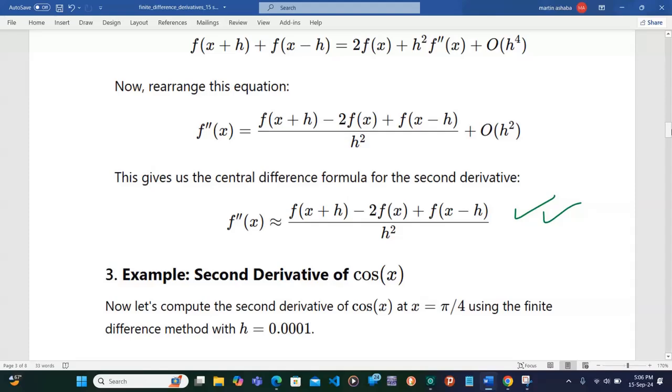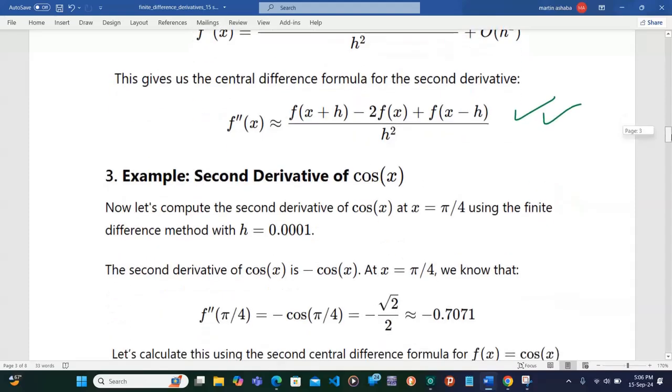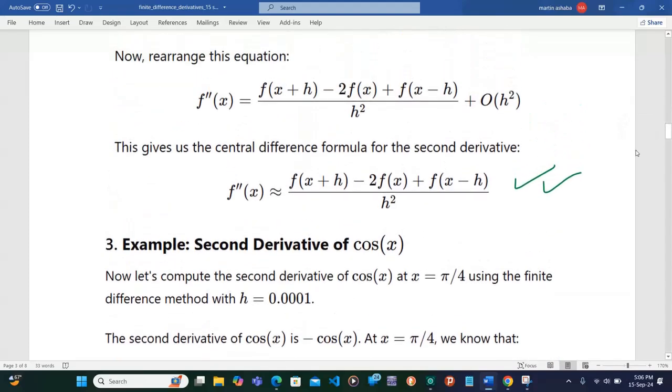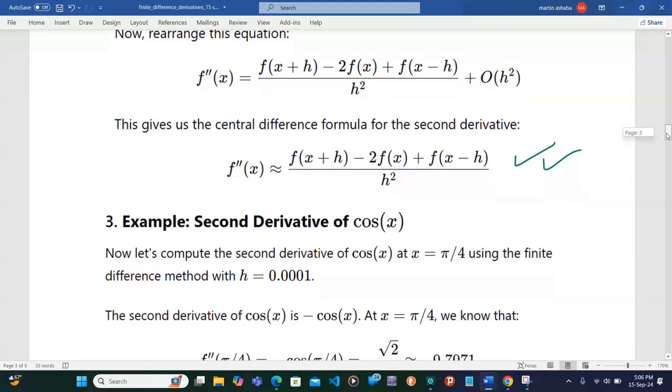So let us take an example of cos of x. Compute the second derivative of cosine of x at x equal to pi over 4 using the finite difference method with h equal to 0.0001. How are we going to do that? Obviously, we are going to use this method.